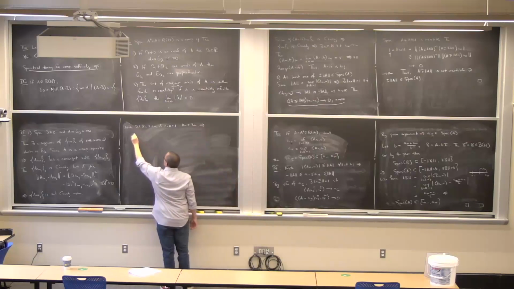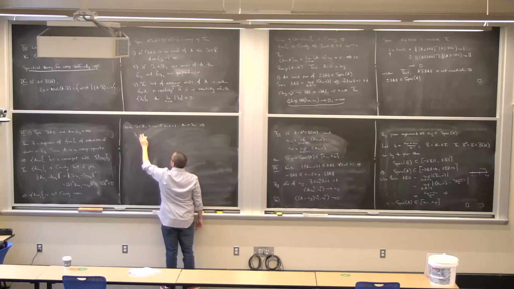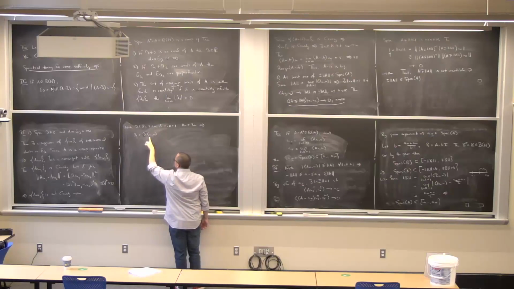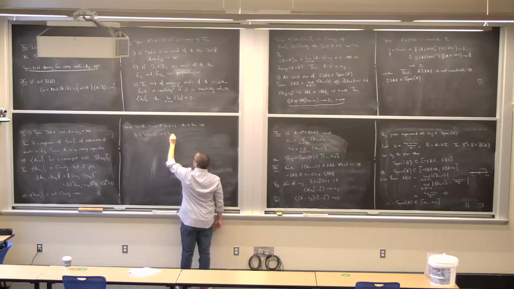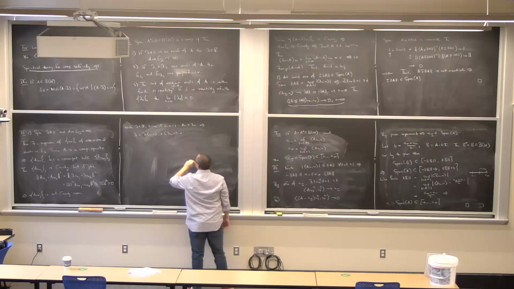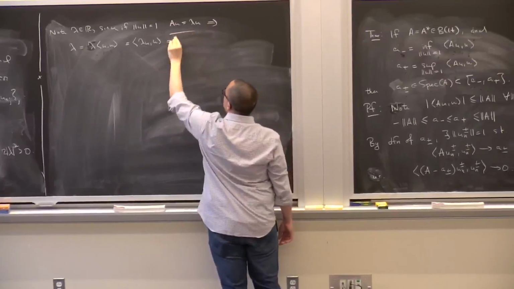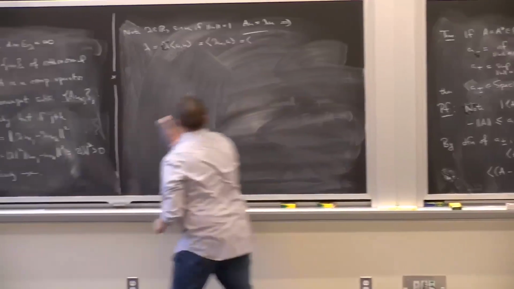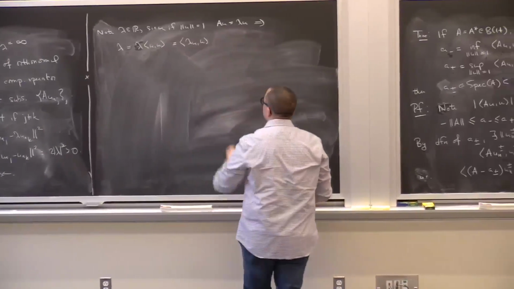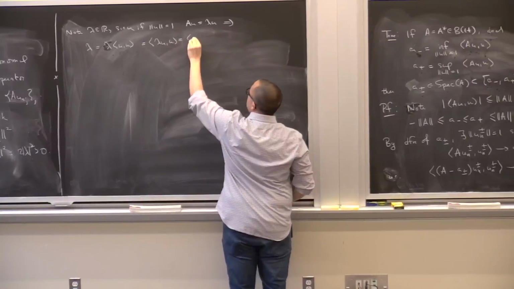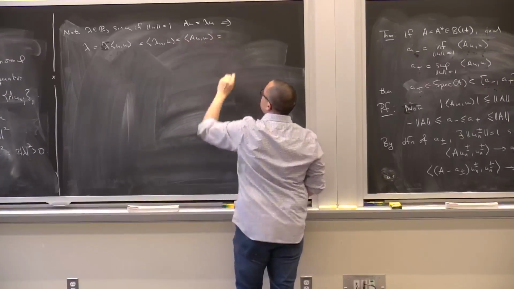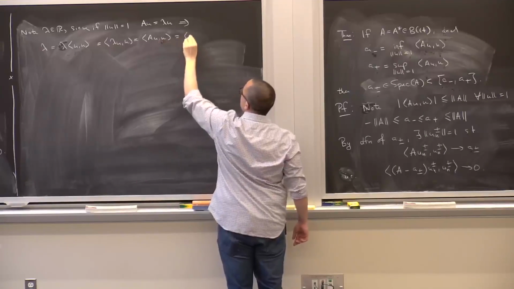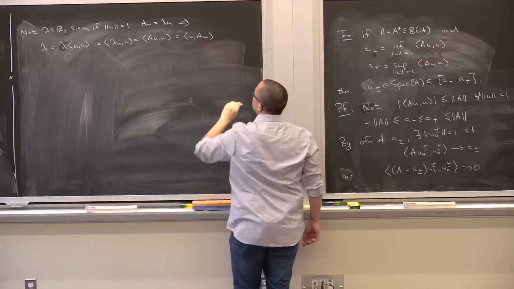And therefore, I get that lambda, which is equal to lambda times the inner product of u with u, since the norm of u squared is 1, equals the inner product of lambda u with u, which is equal to the inner product of A u with u. I take A and it becomes A star, but A star is equal to A, so I get the inner product of u with A u, since A is self-adjoint.